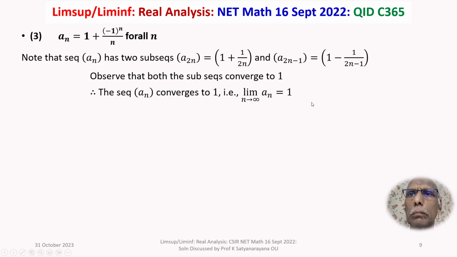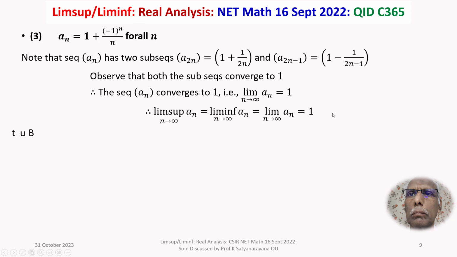Now the limit exists, therefore limit superior and limit inferior exist, and they are equal to the limit. So limit superior is equal to limit inferior is equal to the limit, which is 1. Now what about the identity? Limit superior of an is 1, minus limit inferior of an is minus 1. 1 is equal to minus 1 is not possible.